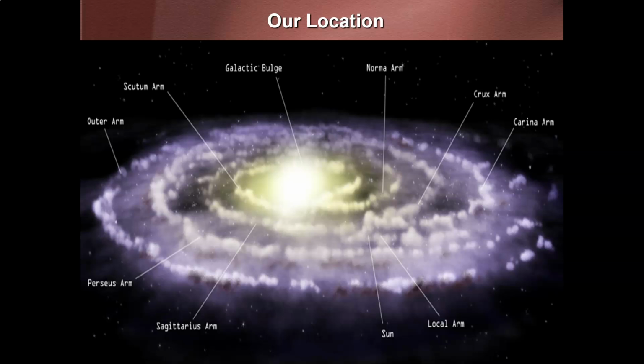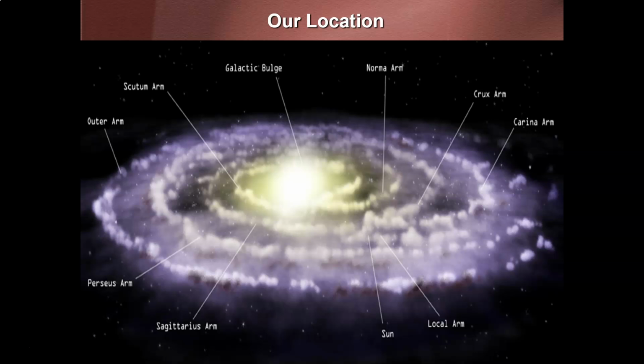So let's look at our location. This is a picture of the Milky Way, and you can see where the sun is located. And where the sun is located is called the galactic bulge. Over time, people have been giving names to the arms of the galaxy, just to understand our location.